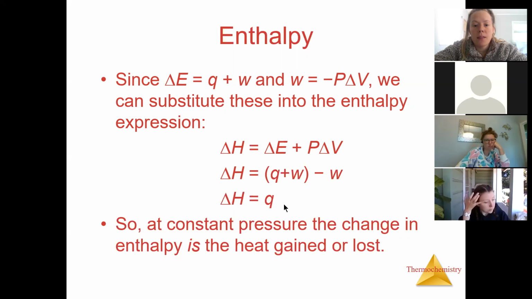So this is really the main concept that we want to have. And again, we're dealing with most situations being constant pressure. So our delta H of reaction is just talking about how much heat did the environment gain or how much heat did the environment lose to the system.